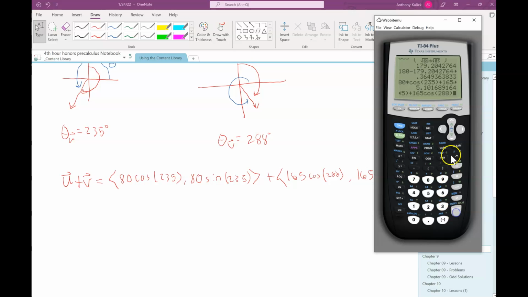So 510 is my x component. And negative 2246 is my y component.